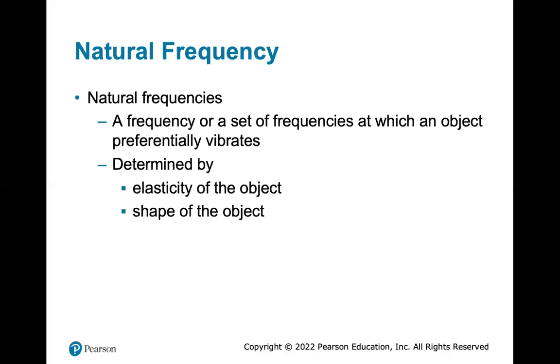The natural frequency is the frequency, or a set of frequencies, at which an object preferentially vibrates. It's determined by the elasticity of the object and the shape of the object. Sometimes in an engine, as you vary the RPM, it might vibrate a little bit, and you probably hit a resonance of all the metal in the car.